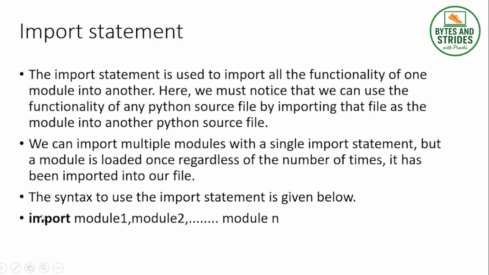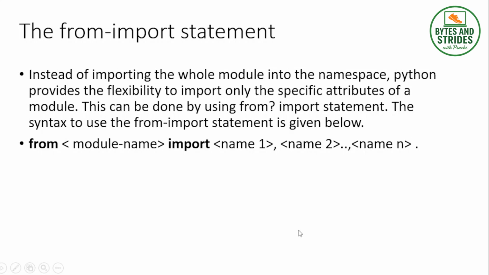And you can import more than one module at a given point of time, like import module1, module2 and so on. However, with from import, instead of importing the whole module, we can import only specific attributes. So from module name, import whatever functions or variables you need.